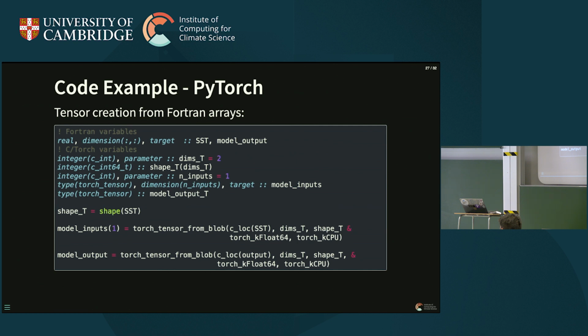As long as you declare these, you can then pass the relevant parameters. You need to give them the shape and the dimension of the arrays. You can then call this function Torch tensor from blob, which will map the SST onto this input array here. You do a similar thing, mapping your output Fortran item to the tensor item model output there.